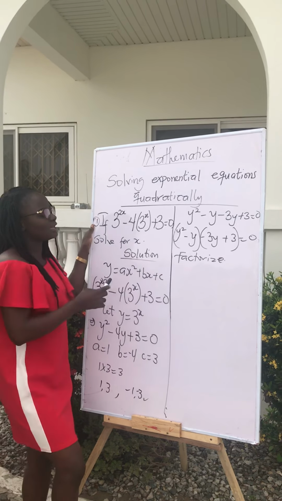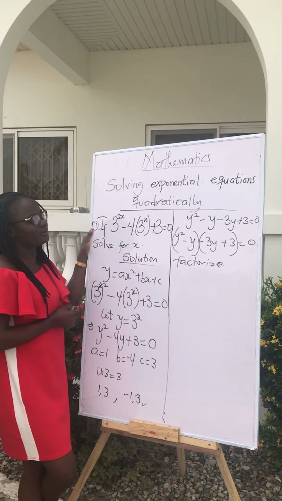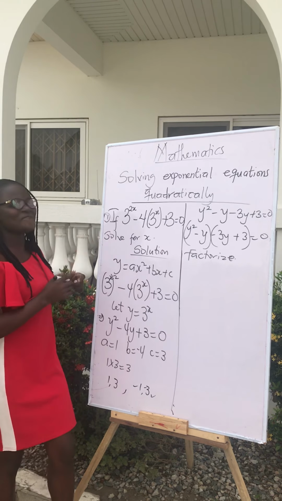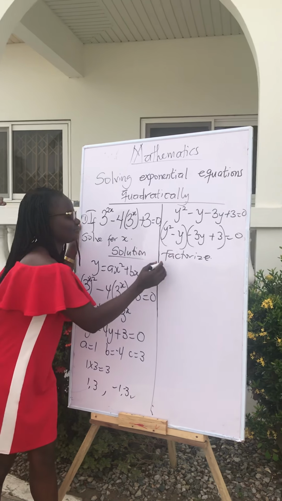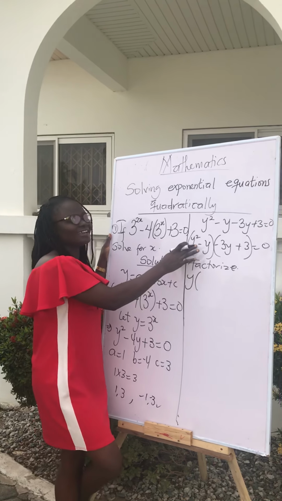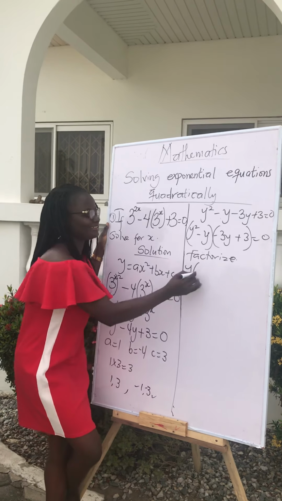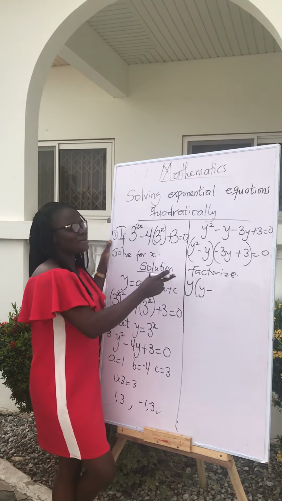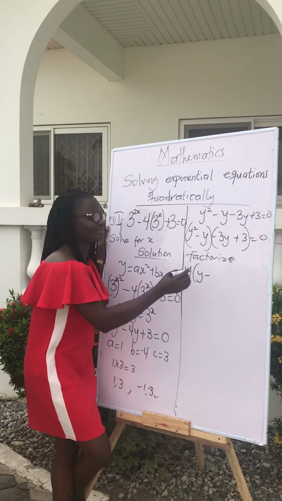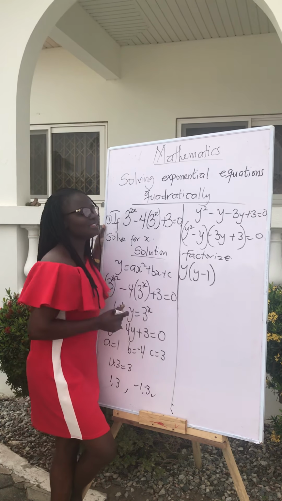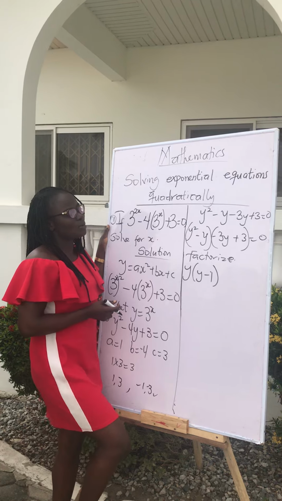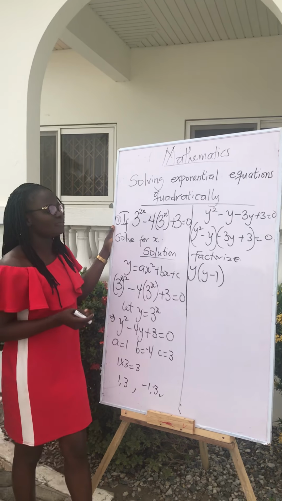The first bracket, what is the common factor here? Good, that is y. So we factorize y out. When you factorize y out, what is left over here? y. Minus, when you factorize y over here too, what is left? 1. Great. Then we come to the next bracket. What is the common factor here?